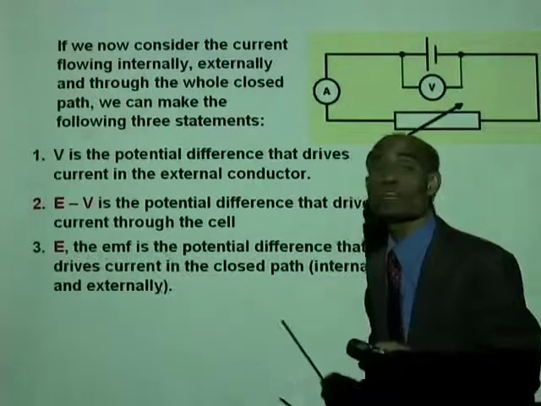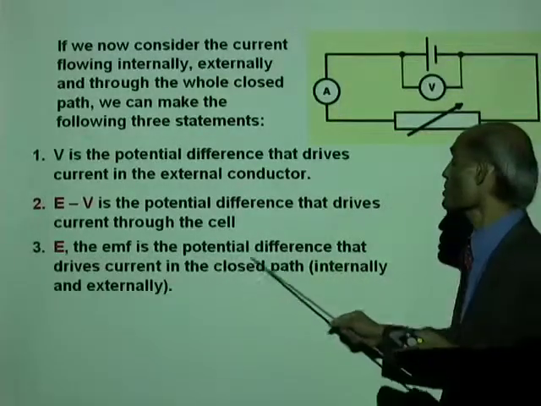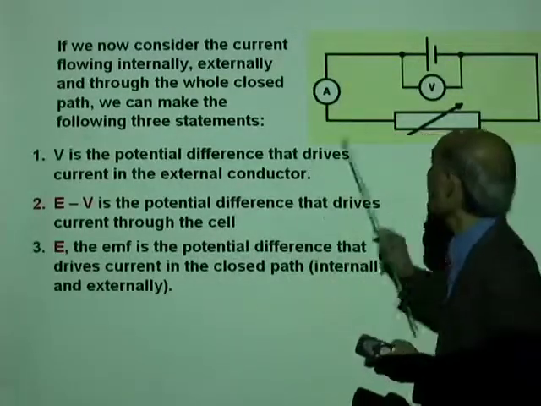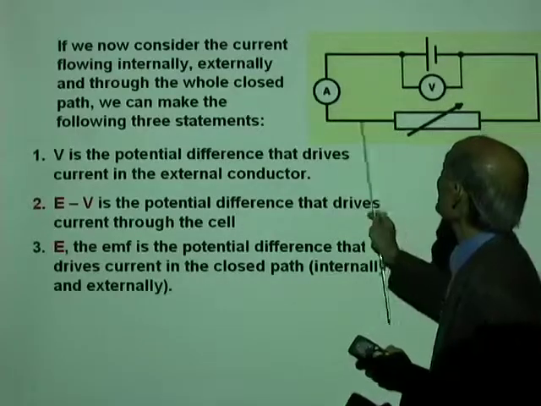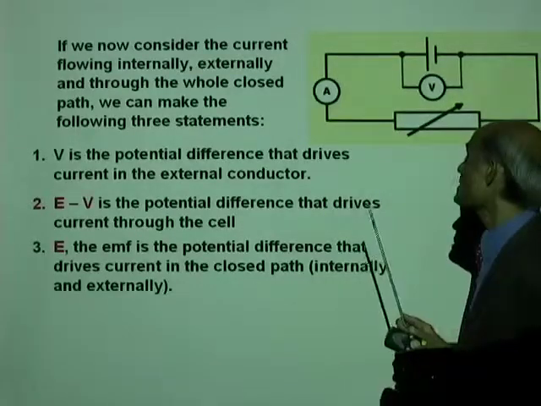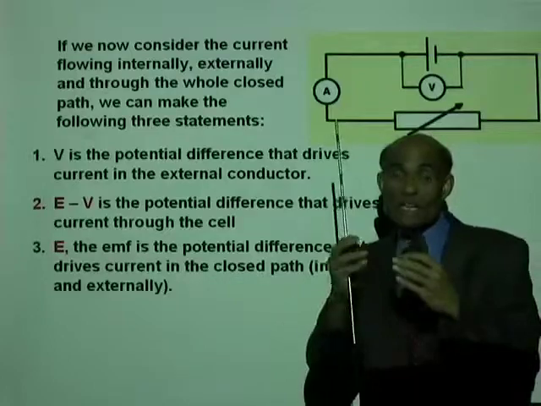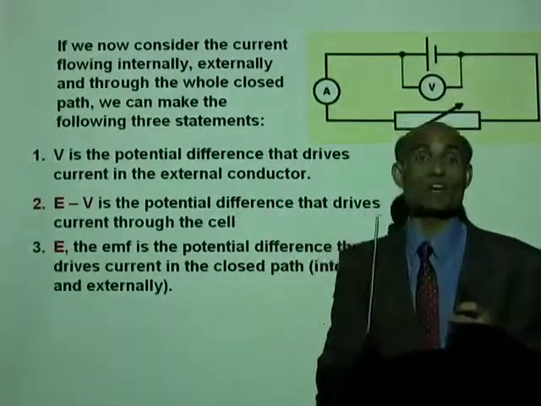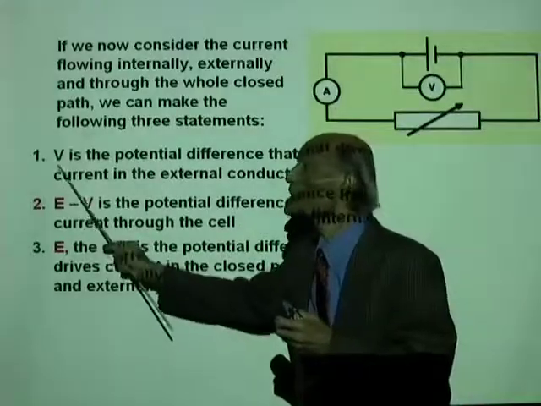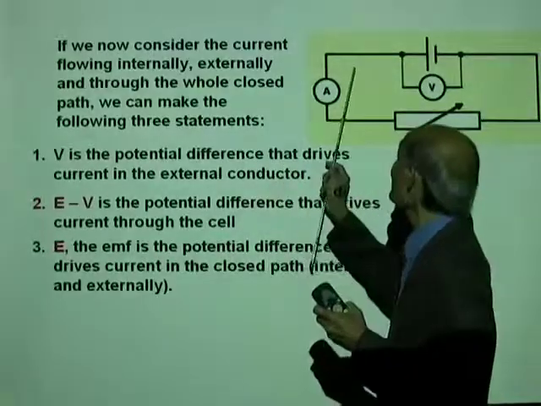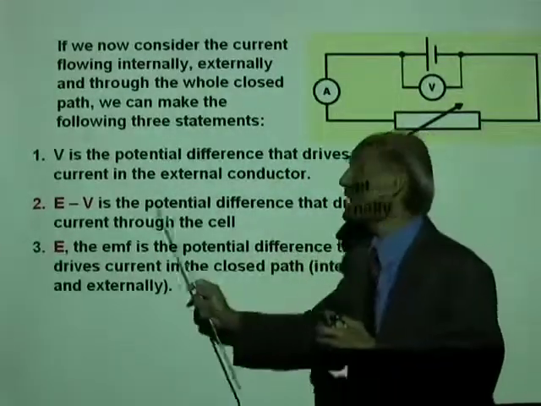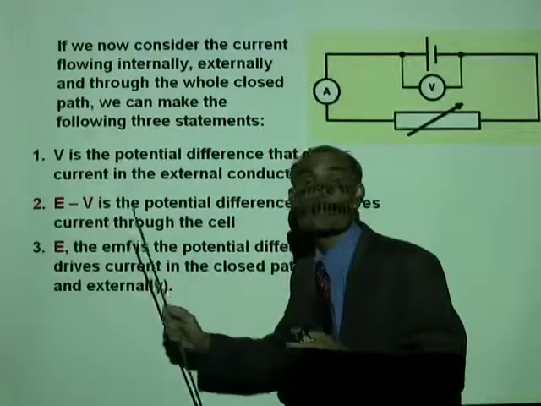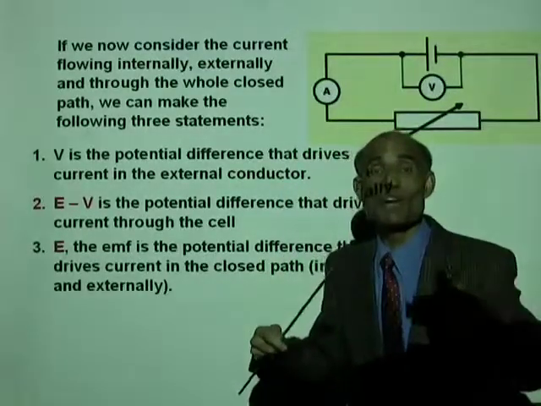And E, the EMF, is the potential difference that drives current externally as well as internally. So E is used for the external circuit and internal circuit. V is used only for the external circuit, and E minus V is used for internal only.